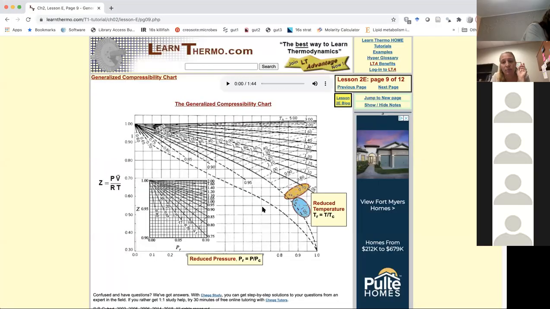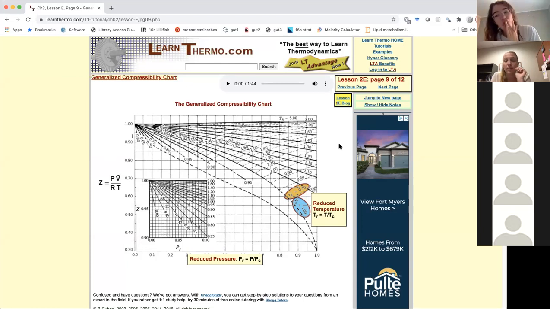So you're basically saying that the TR are the green lines essentially? Well, there's two sets of green lines. There's VR and TR. So temperature reduced, and we have volume reduced. Volume reduced goes this way, temperature reduced goes this way. So it just depends on which one you have is what you're meeting with.